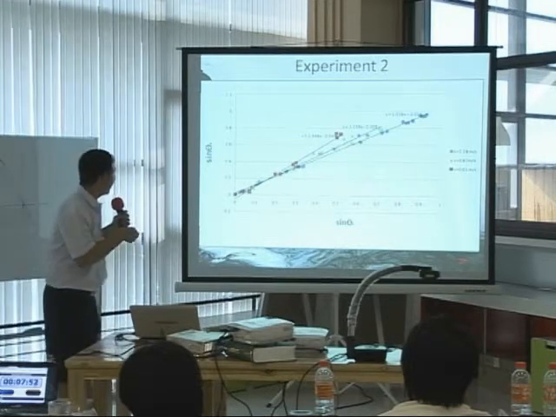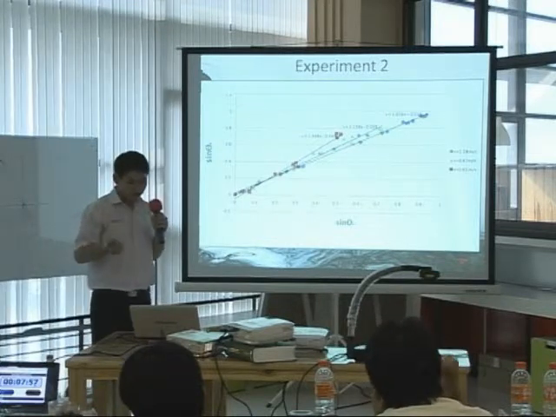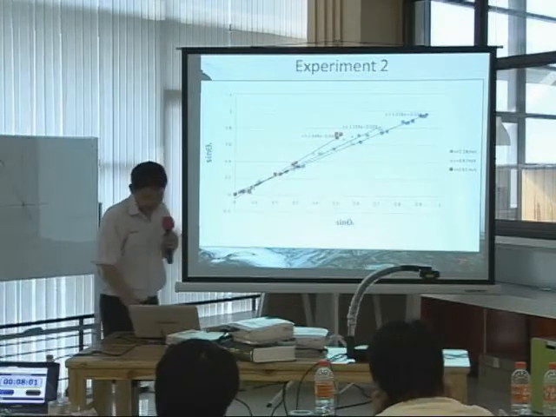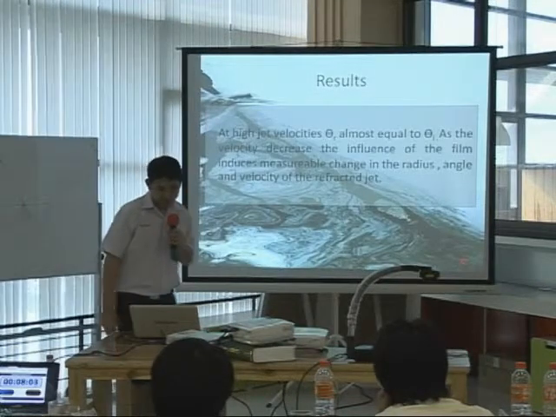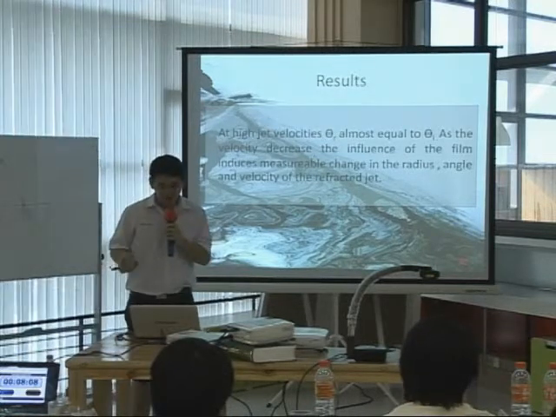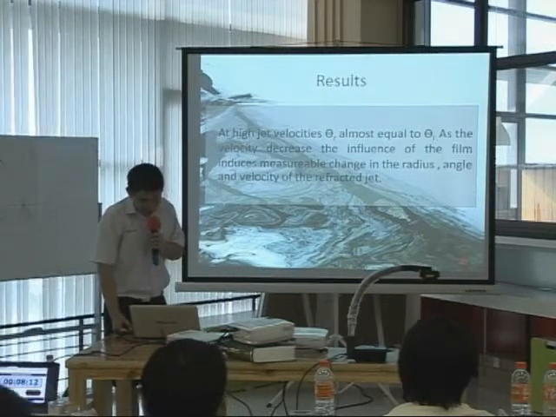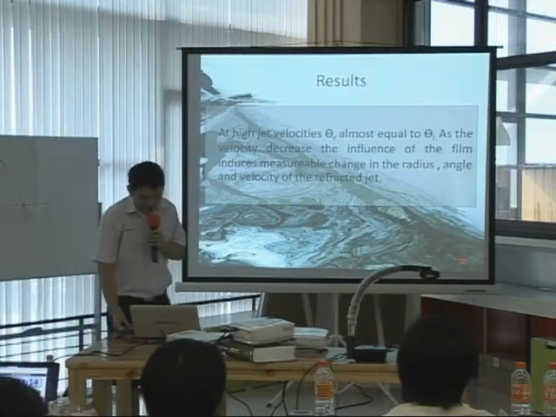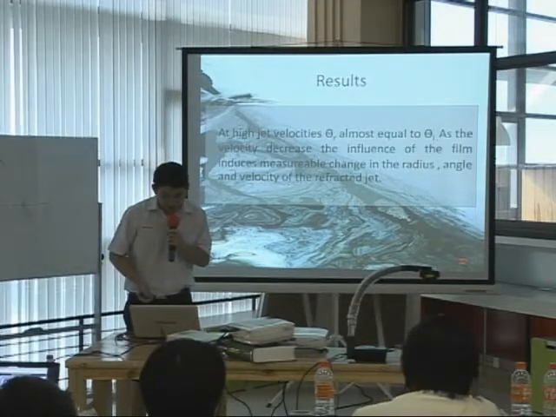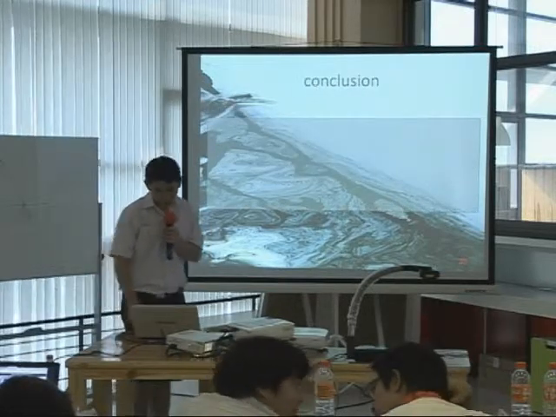That means the incident angle is equal to the refracted angle. For my result, at high jet velocity, the refracted angle is almost equal to the incident angle. As the velocity decreased, the influence of the film induced a measurable change in the radius, angle, and velocity of the refracted jet.